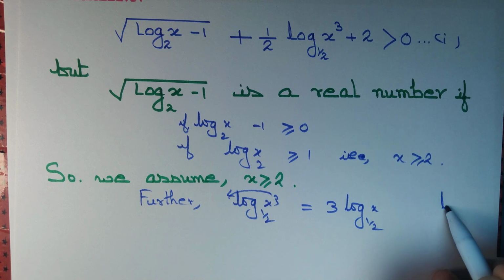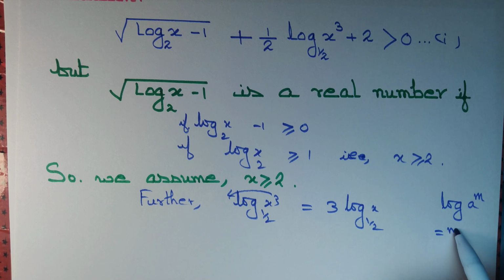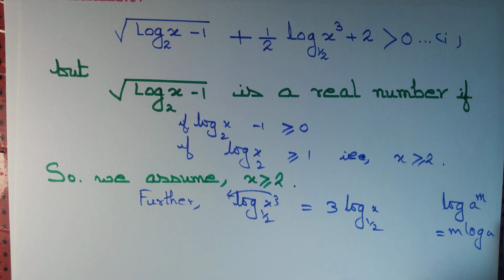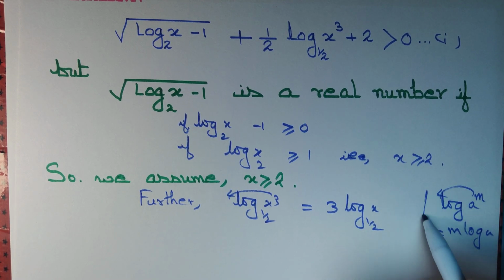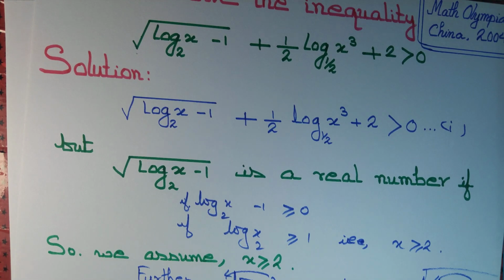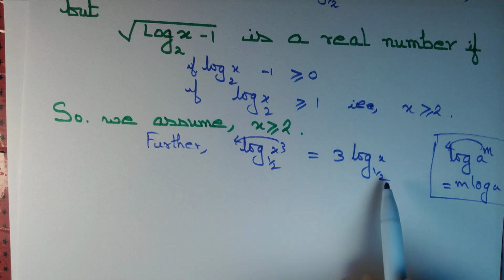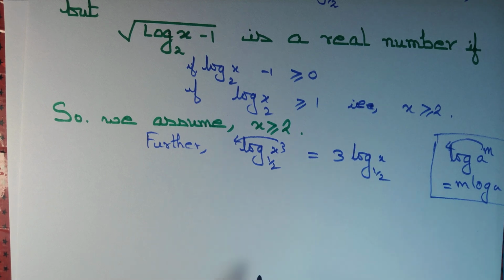We simply use the formula log of a to the power m equals m times log a. We are taking powers out of the logarithm. Okay, fine, but further still we are having base 2 and base half. Can we simplify it? The answer is yes.